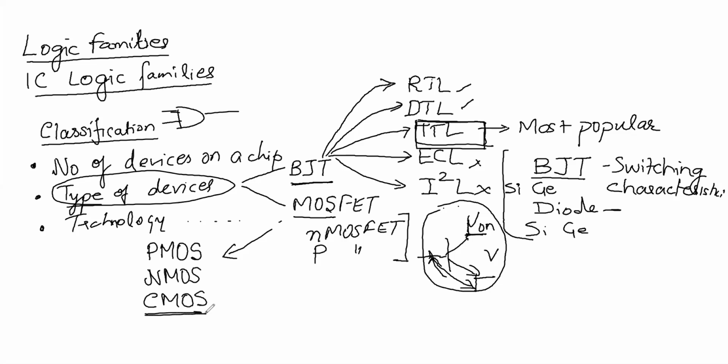But the first MOS technology was PMOS technology, then came NMOS technology, and then CMOS technology. I can give you a brief history: why PMOS came first, what it consists of, NMOS, etc.